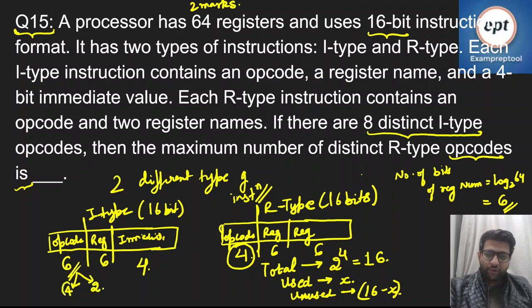Now these 4 bits could have represented 16 different values. However, out of these 16 different values, X values were already used, right? So that means that 16 minus X values can be used for opcodes of I type, right? So the maximum number of distinct opcodes for I type will be (16 minus X) times 2 squared, right?